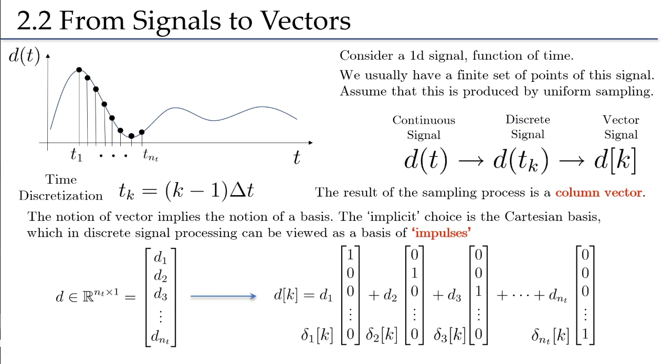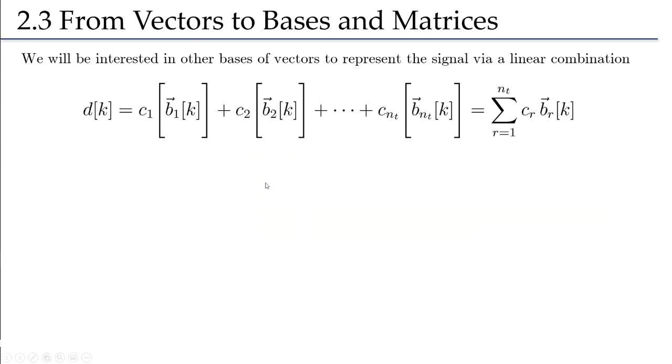The notion of discrete transform and modal analysis arise when we decide to use another basis to represent such a vector. In general, our vector would be a linear combination of some basis vector with a set of coefficients that I usually indicate with C's. The operation of moving from the impulse basis to the new one can be easily seen in terms of matrix multiplication.